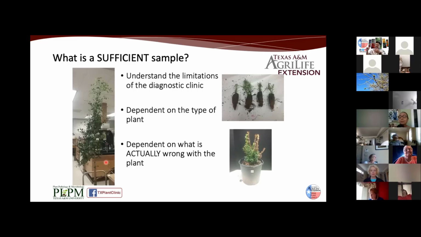In some cases, it might be the branch and the root, or part of the bark, to try and provide an image to the diagnostician of what this might look like in nature. By doing that, it gives the diagnostician the information that's needed to make a good decision to help determine what has gone wrong.